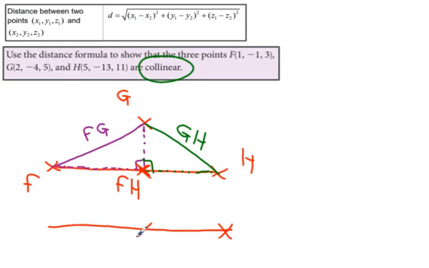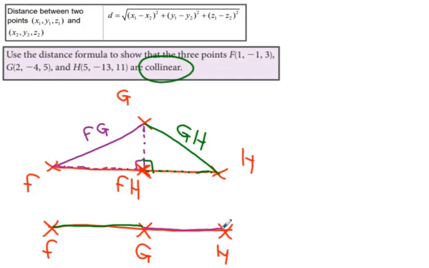We're just saying it's one line, so we've got F, G, and H. If we were to do something like that, then you can see that FG plus GH is exactly the same distance as FH, and the only way that can possibly happen is if the 3 points are collinear.